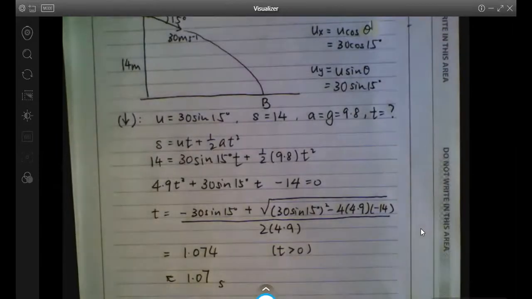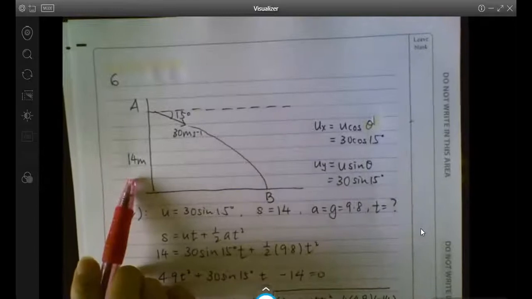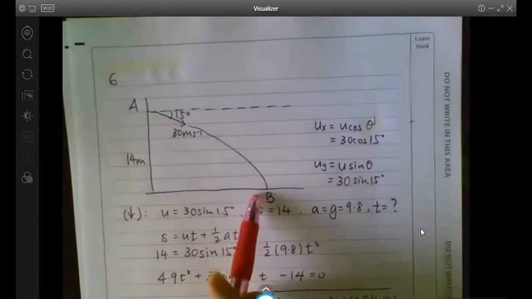Okay, part B requires us to find the distance AB. You first need to know which AB we want you to find. Now we are given the vertical distance. We are not given the range, but we can find it if we need to. And the question asks us for AB.